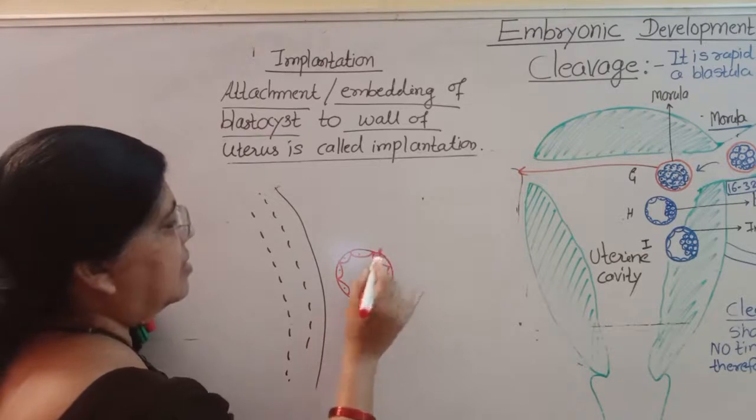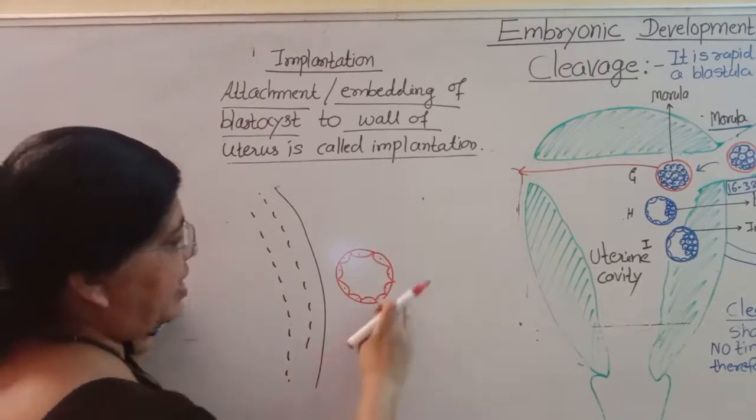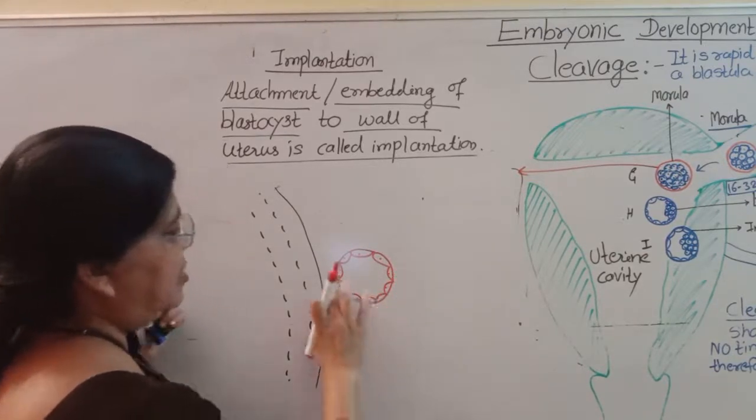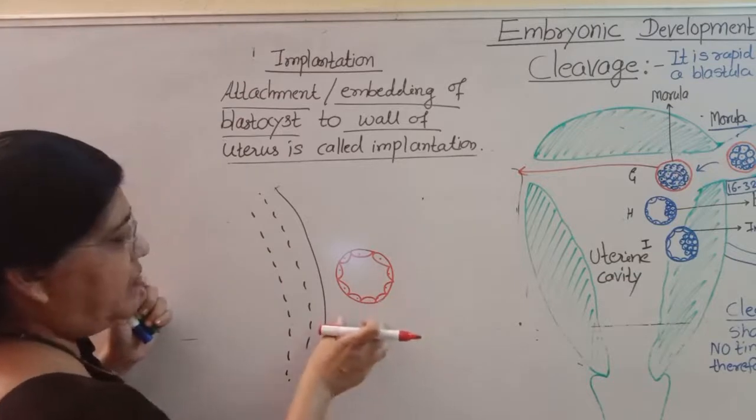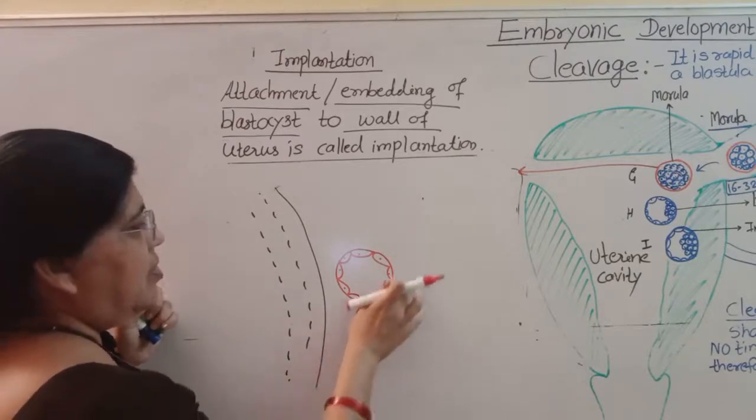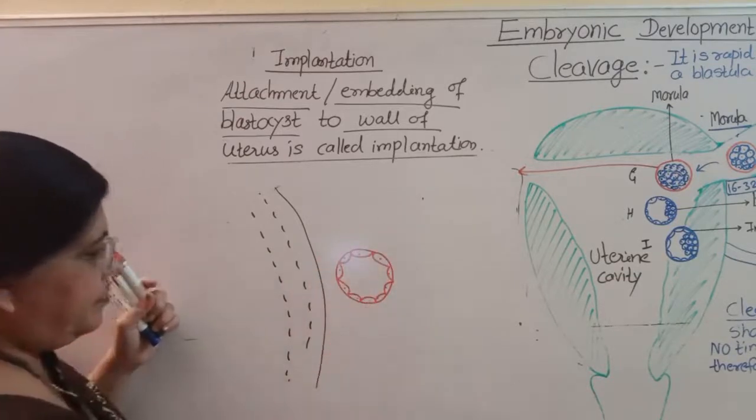Blastulation starts at the 7th day after fertilization, and at the end of the 7th day, blastulation is complete.